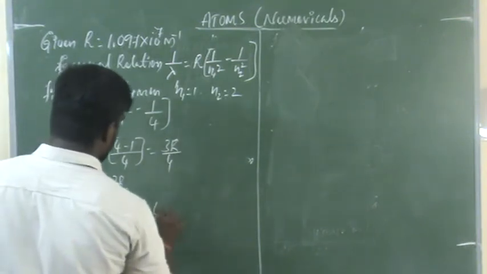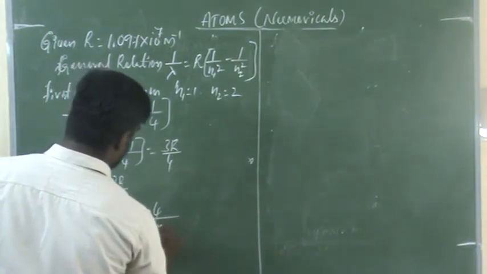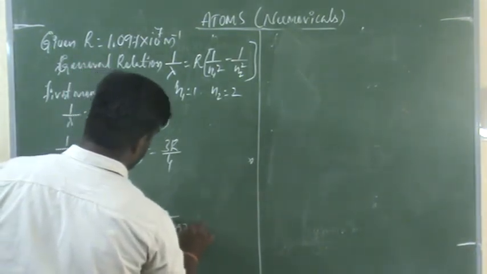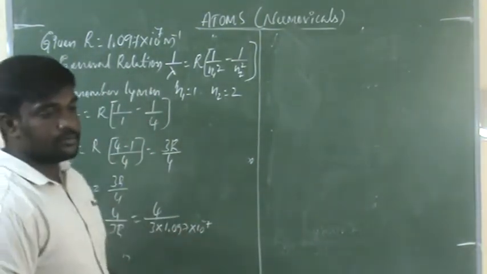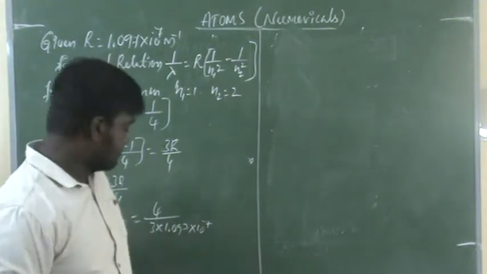Substitute the values: 4 divided by 3 into 1.097 into 10 to the power of 7. So what is that value? Calculate.